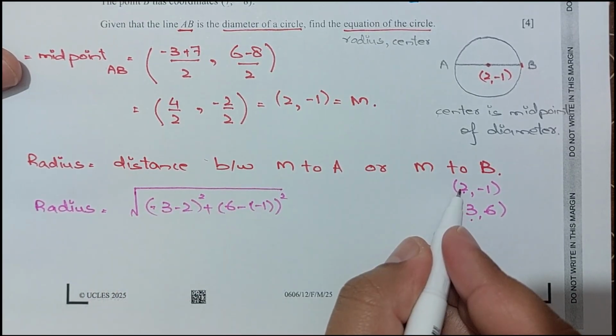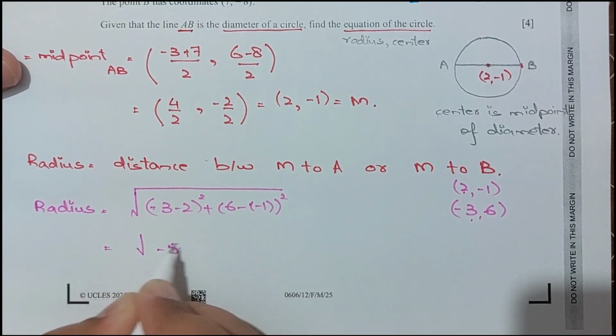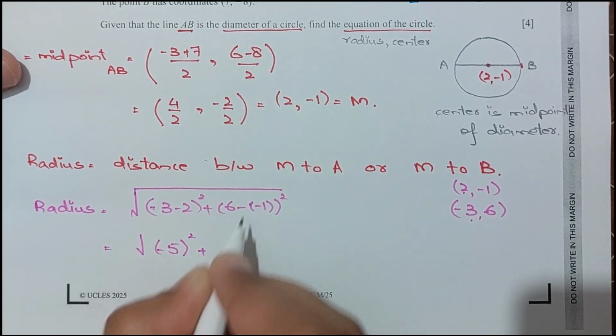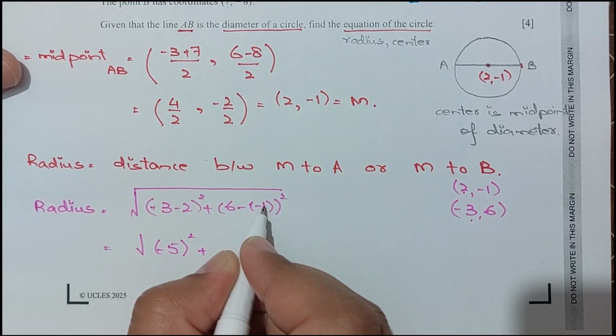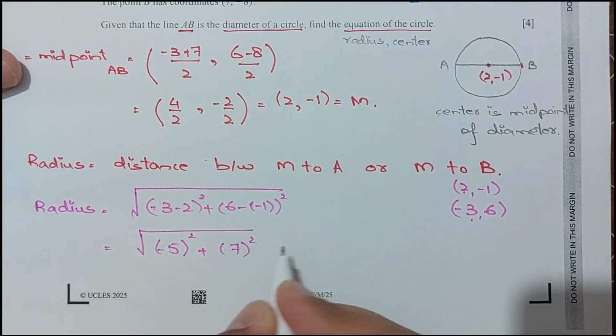So this is the root of minus 5 squared, plus, negative times negative is positive, 1 and plus 6 would be 7 squared.